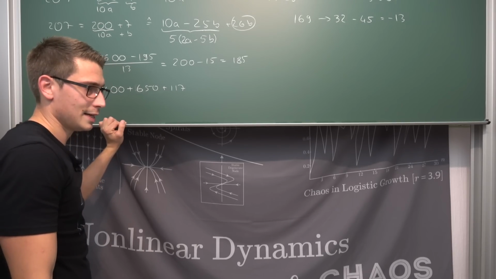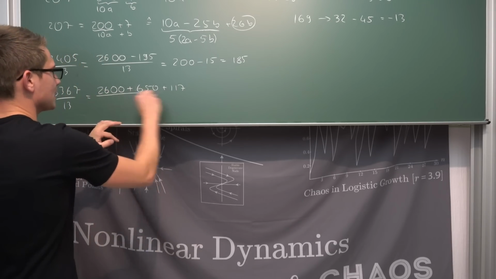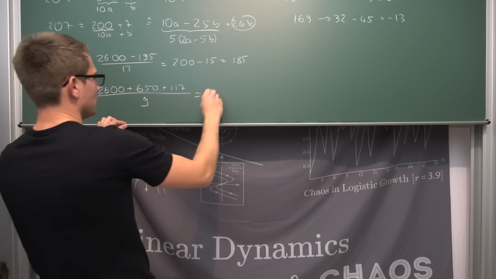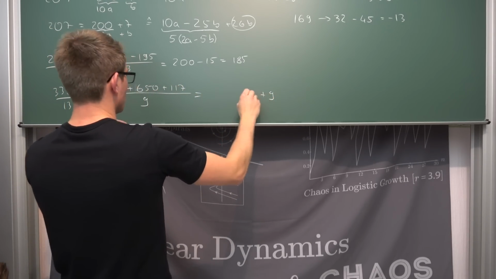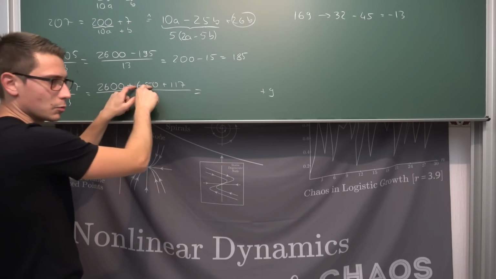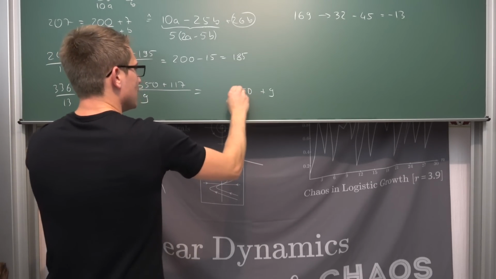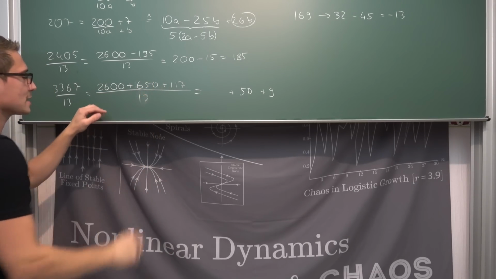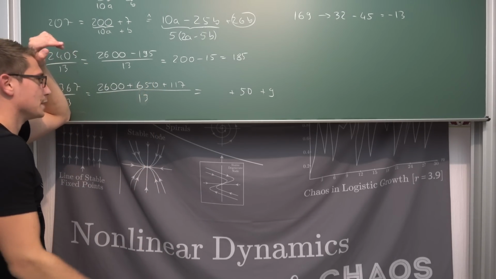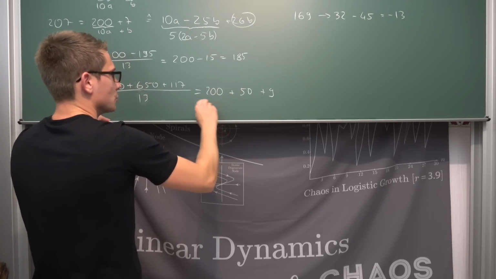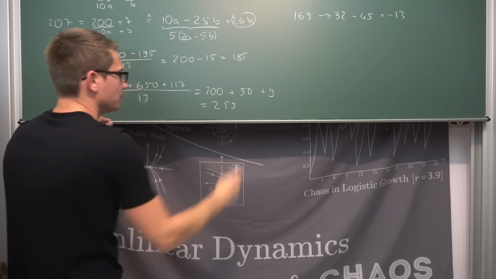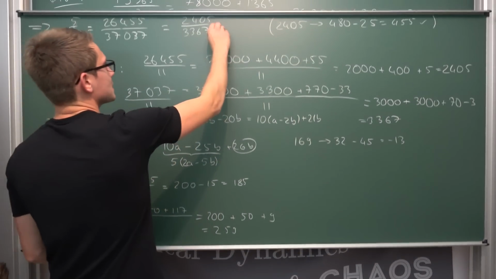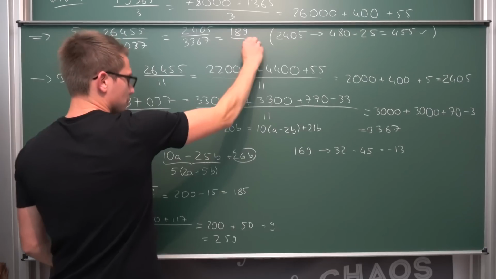So this would be 10 times, so this is 9 times. So plus 9, I don't want to lose this one. This would be 550, and then 2,600 divided by 13, not 9, oh goodness. This would be 200. So this is 259.